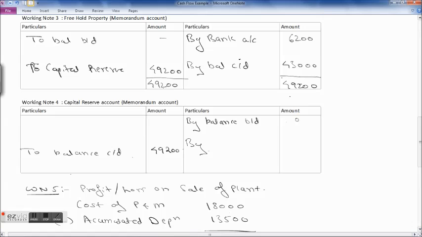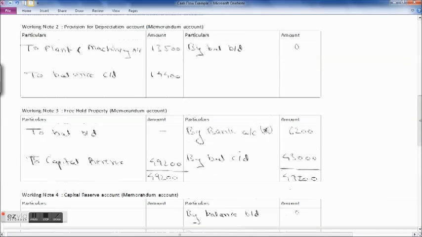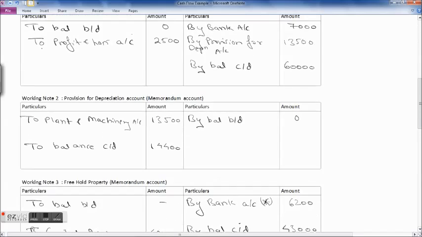So by freehold property 49,200. So basically this 6,200 here is the balancing figure. 49,200. Okay, so now the other accounts will close it.